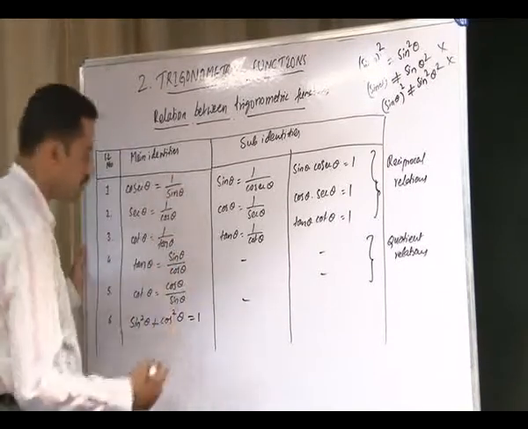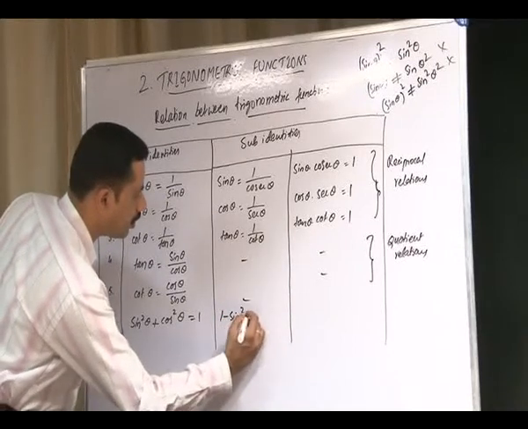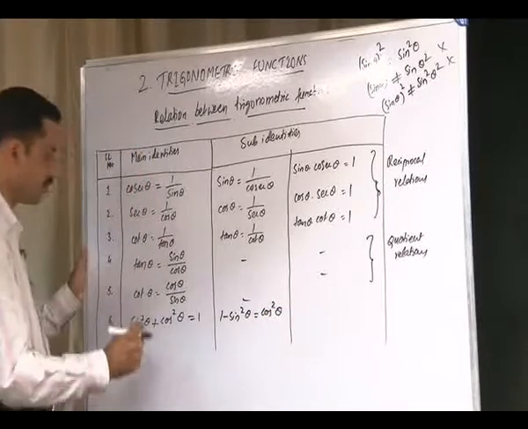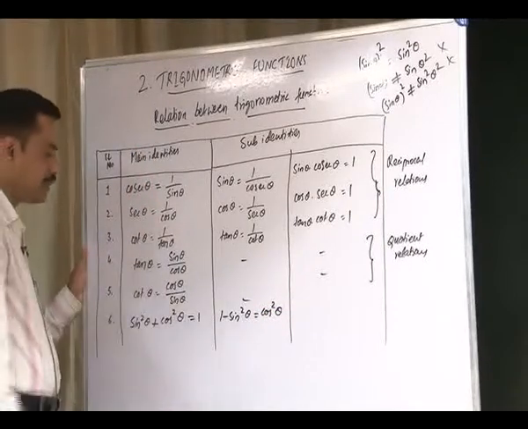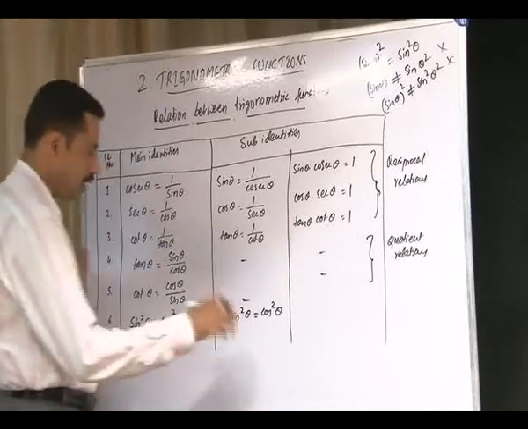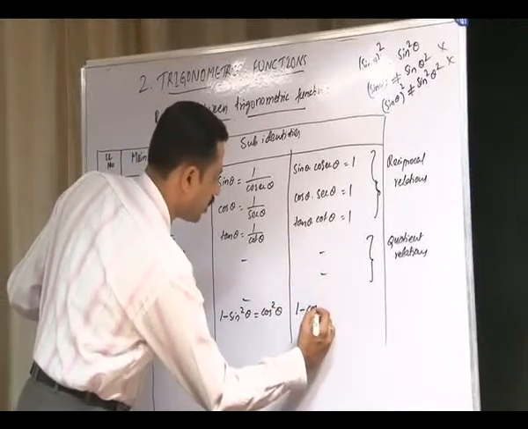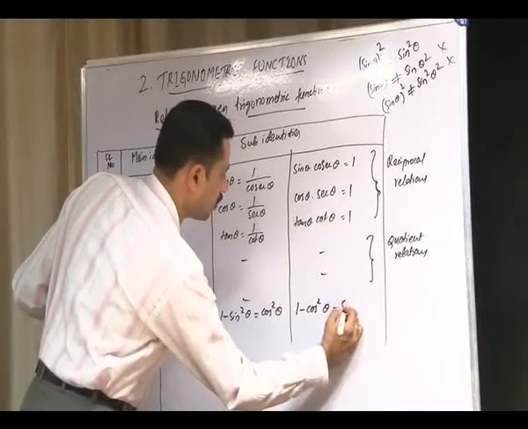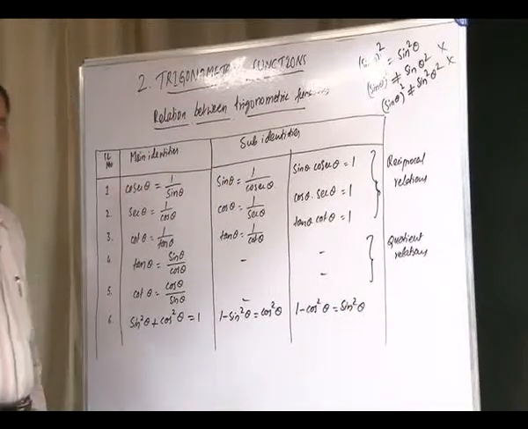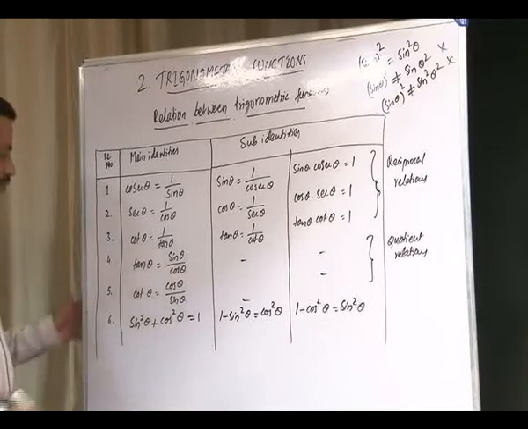In sub identities, if you transfer sin square theta to the right hand side, we get 1 minus sin square theta is equal to cos square theta, or 1 minus cos square theta is equal to sin square theta. This identity, the sixth one, is very important.